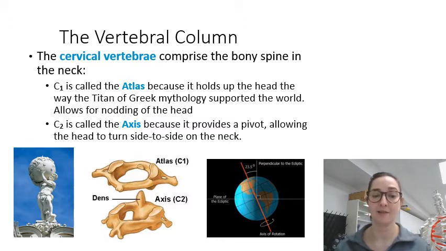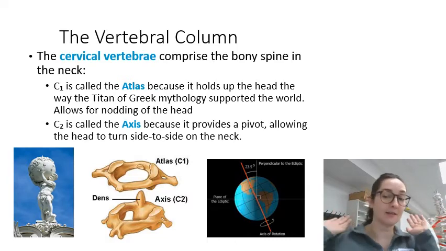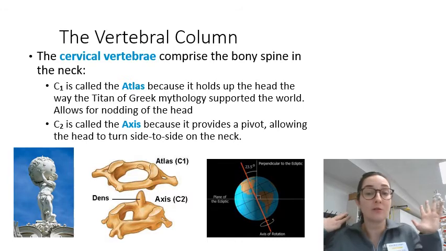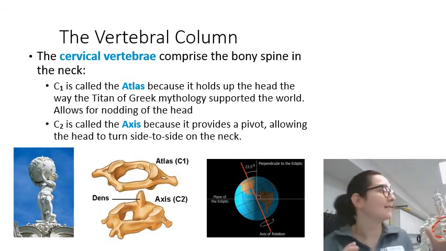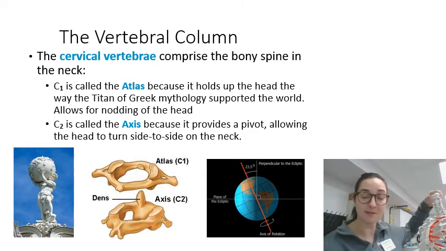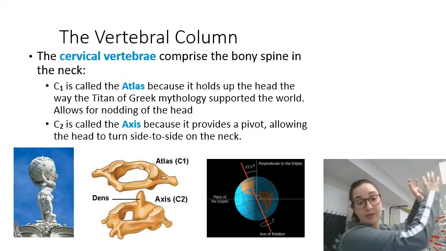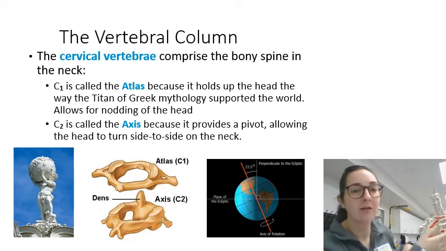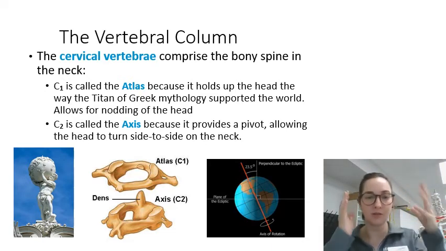If anyone's familiar with Greek mythology, Atlas was the guy that carried the whole world on his shoulders, and that's basically what your atlas does. This C1 up here is carrying your whole head, and the head is the world in this analogy.